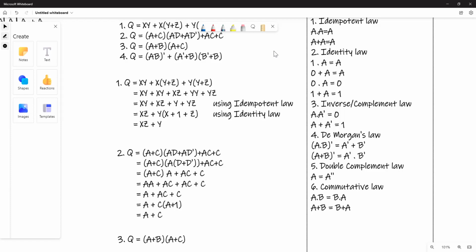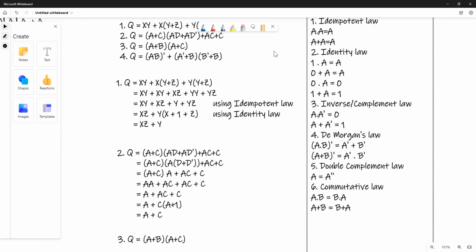Not the last one. Eighth one? Remember eighth one? Do you remember the eighth one? What was the eighth one, Cullen? Distributive law.